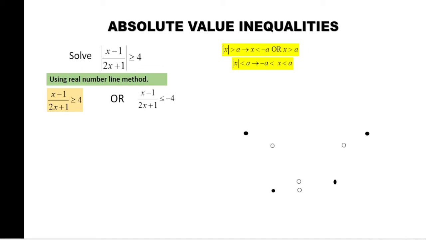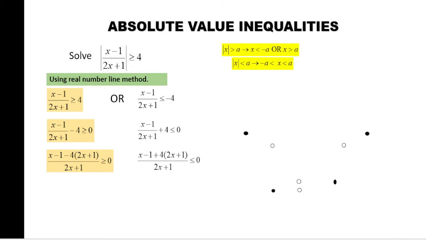Before we proceed to find the factors, you must ensure that the right hand side is equal to 0. Okay, let us calculate. You bring 4 to the other side and negative 4 to the other side.